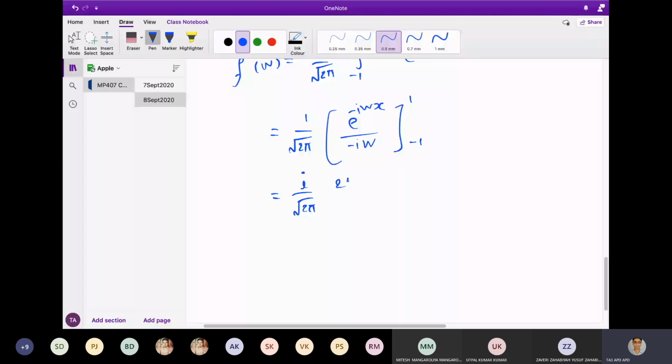So that is nothing but minus 2i times sine w. I have just written it directly. So this should be equal to under root 2 over pi, sine of w over w. Okay, so that is going to be your Fourier transform.